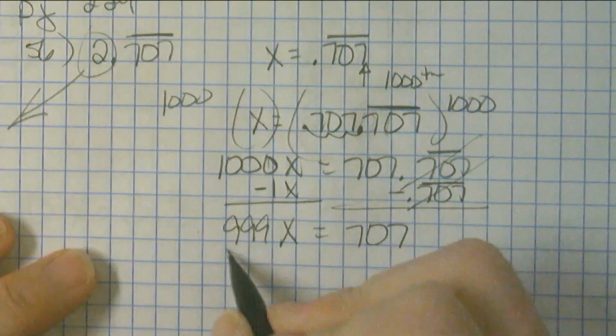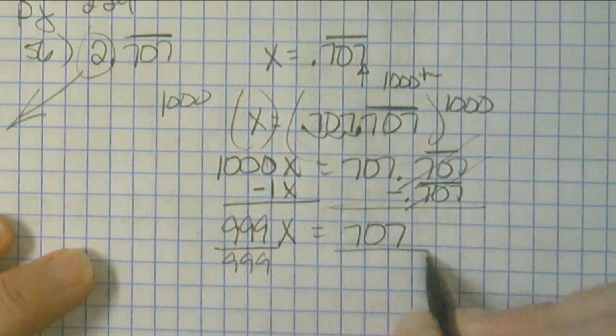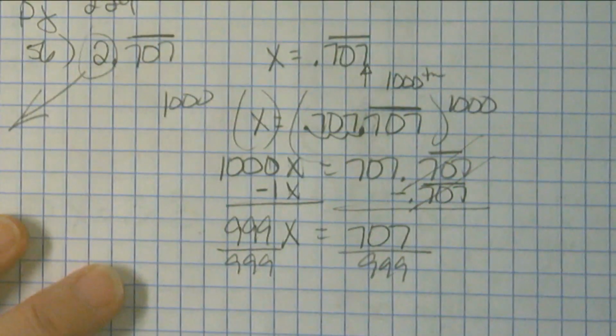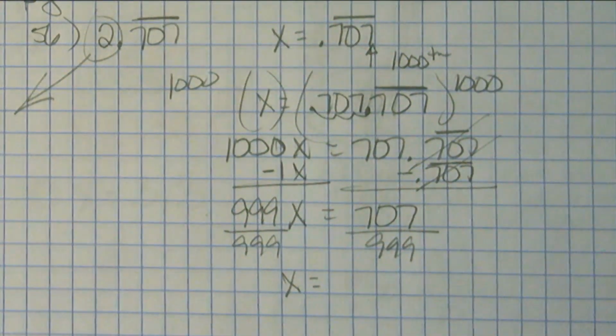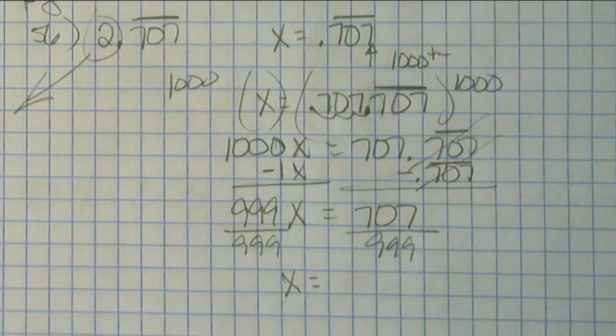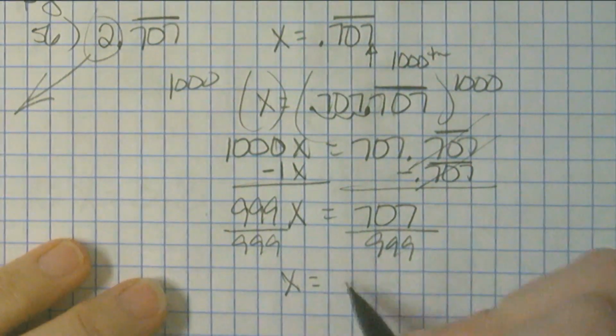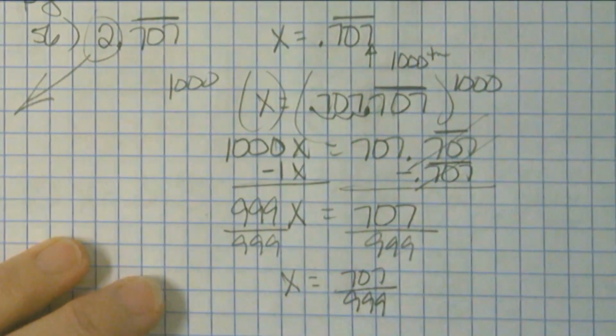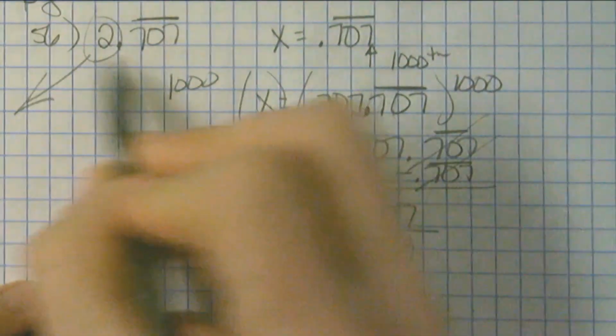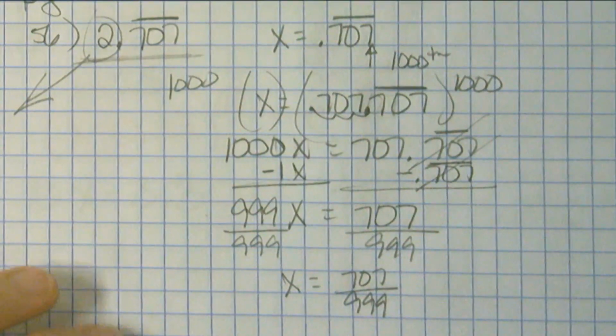And now I'm going to divide everything by 999. All right. So I don't believe that they have a common denominator. So x is equal to 707 over 999. That's not my final answer because the original was 2.707.